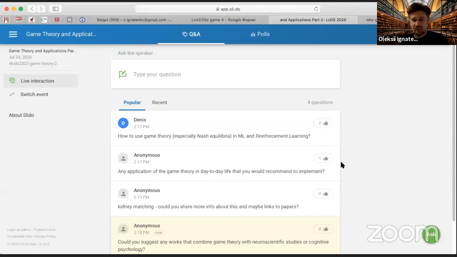When you have some game, you know theoretically that some equilibrium is predicted, and then you can construct an algorithm and check whether it is working towards this equilibrium or not.